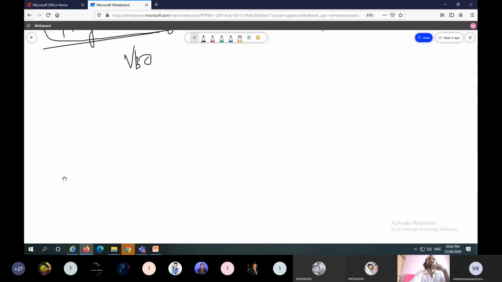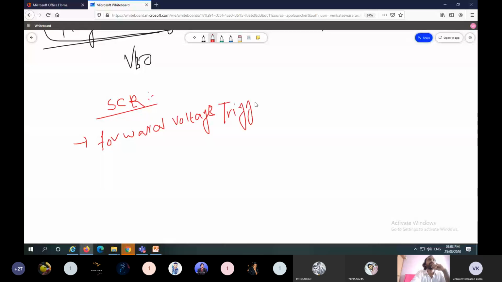Next, turn on methods of SCR. The turn on methods of SCR are very important.